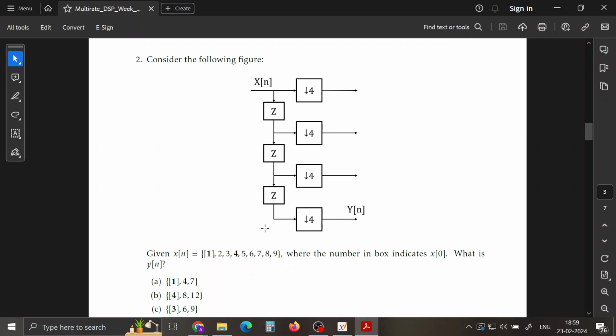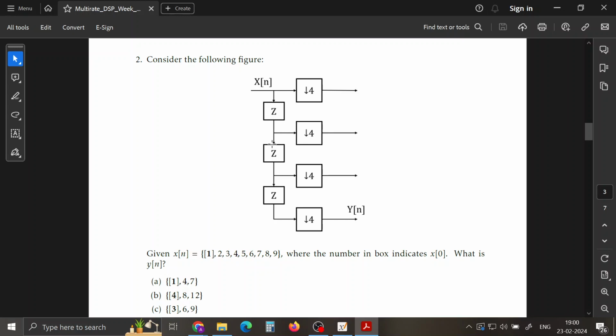Okay, so how are we going to do this? This is simple, just arithmetic. We have to use the downsampling operation and the advance operator. So the only branch that we need to consider is this, from x of n to y of n. So basically how many advance blocks are crossed in this path from x of n to y of n?